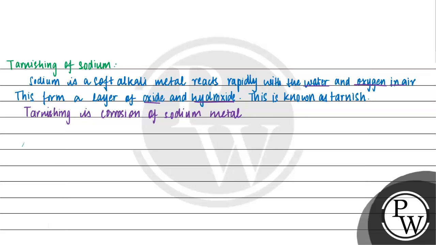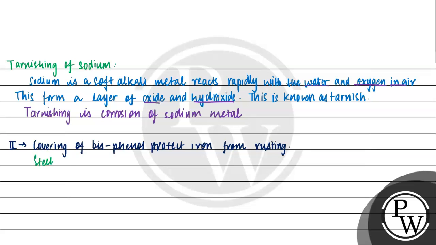हमारी second statement हमें दे रखी है: covering of bisphenol protects iron from rusting. Now if we look at this statement, हम कह सकते हैं steel is prevented from rusting.